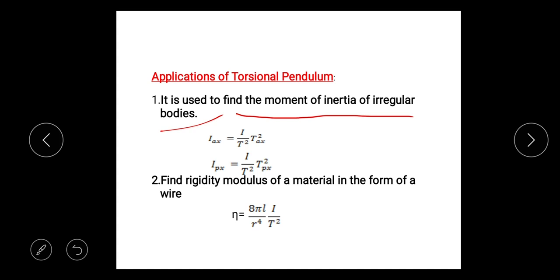The rigidity modulus of a material can be found by taking the material in the form of a wire and setting up a torsional pendulum using any regular body of suitable mass.